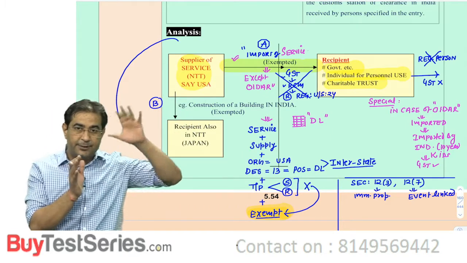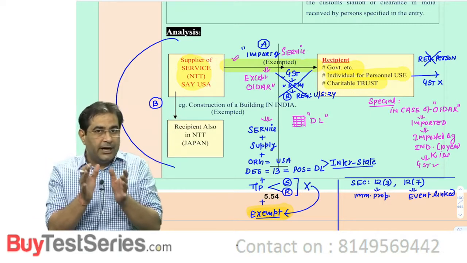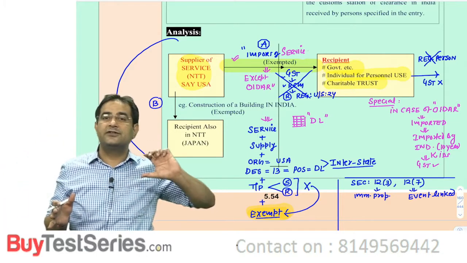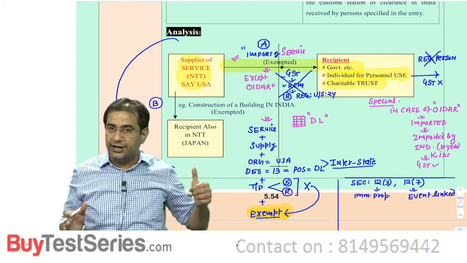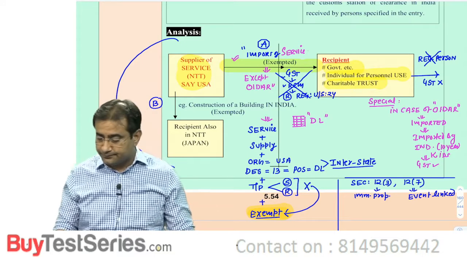But when we study place of supply, there was an opposite position. Both the parties were located in India and place of supply was located outside India. In such a particular circumstance, what does the government do?